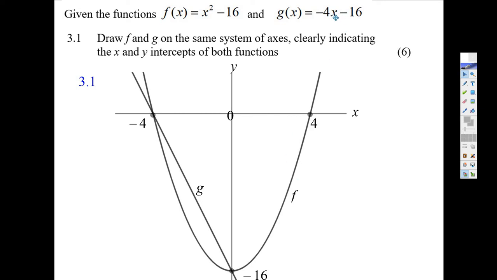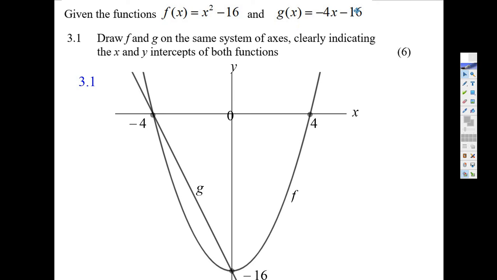Now the line, we let x equal 0. This is a line that must be going downhill. That's the shape of it, downhill, because it's a negative gradient, a negative number in front. If x is 0, minus 4 times 0 is 0, y is equal to minus 16. So that's 1 point. But if you let y equal 0, you'd add 4x, and you get 4x equals minus 16.